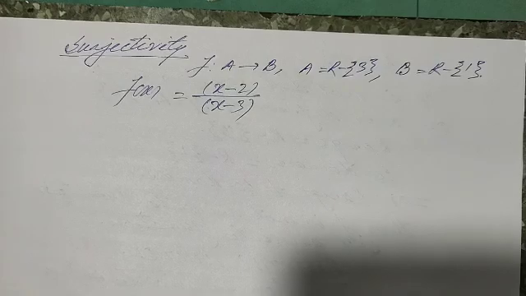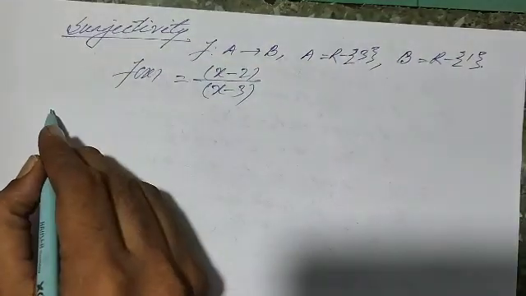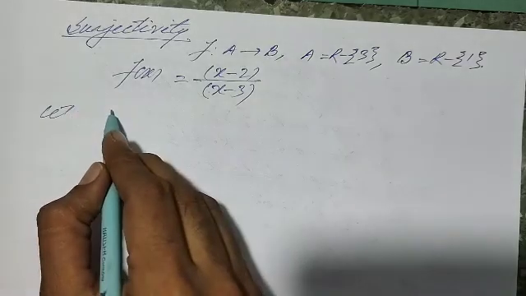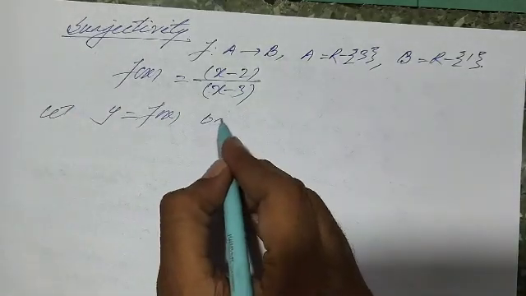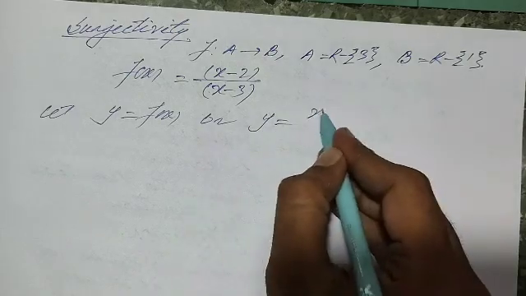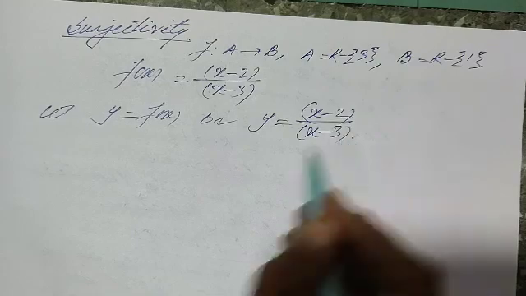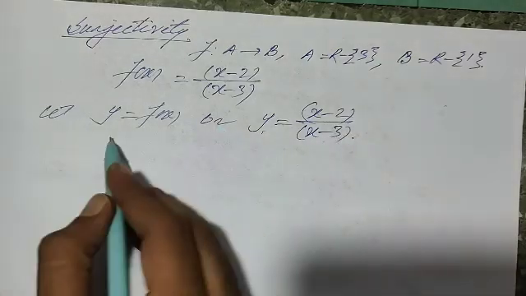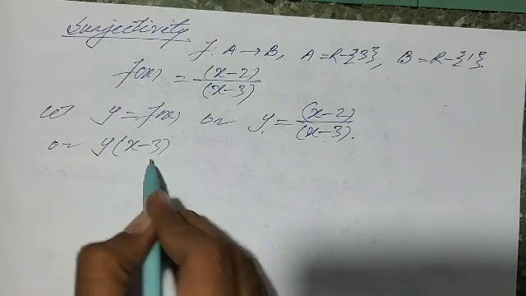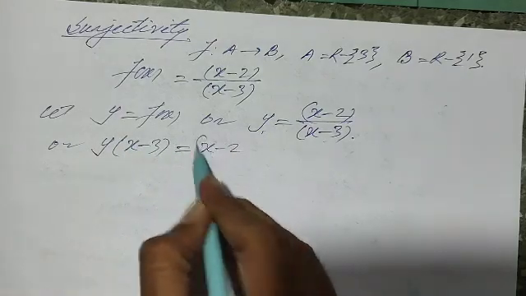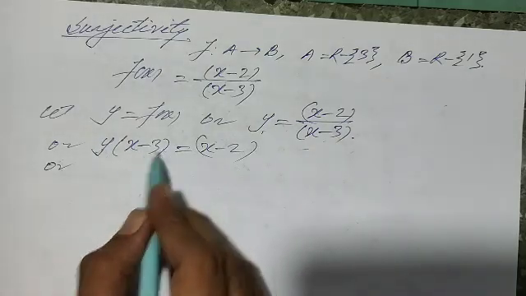Now we have to check surjectivity of the function. So for that we need to assume y is equal to f(x), or y is equal to (x minus 2) upon (x minus 3). So on transposition x minus 3 to left hand side, we get y into (x minus 3) is equal to x minus 2. Multiplying inside, opening the bracket, y will multiply both the terms.